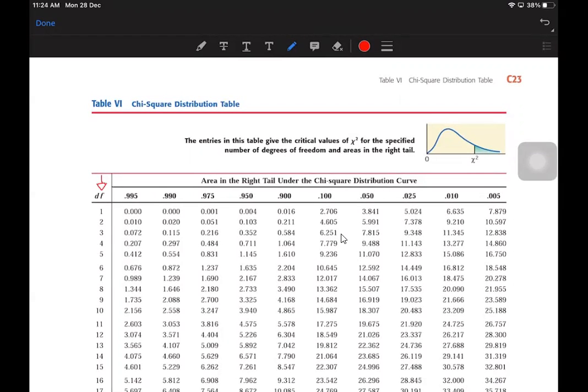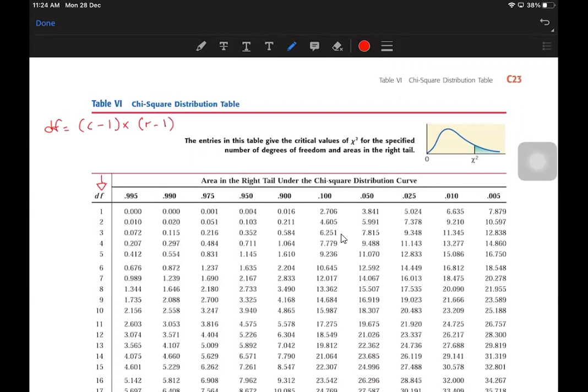So how do we calculate our degree of freedom? The formula is: degree of freedom equals total of column minus 1, times total of row minus 1.